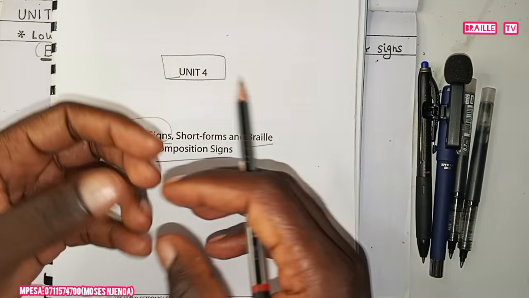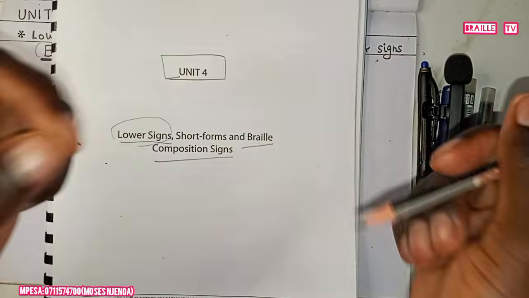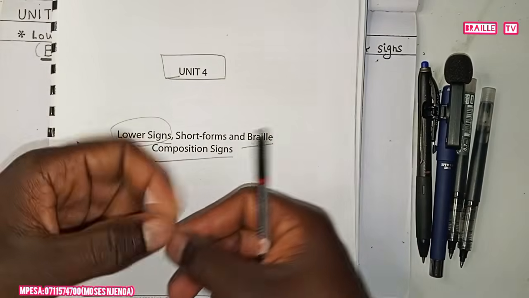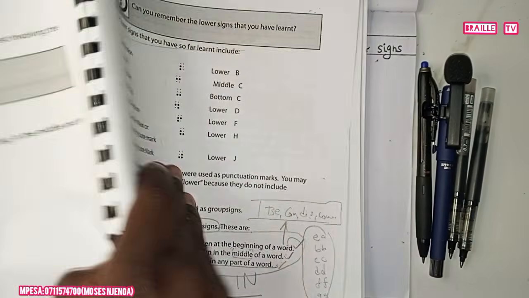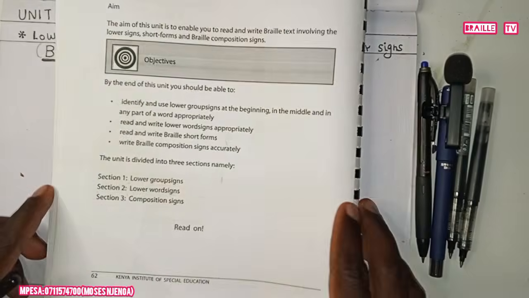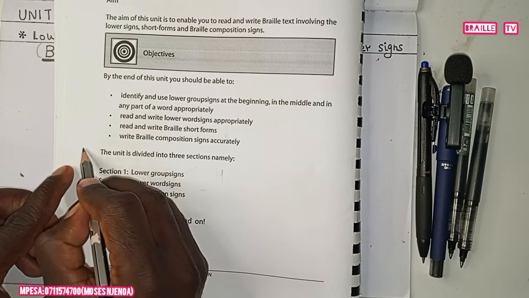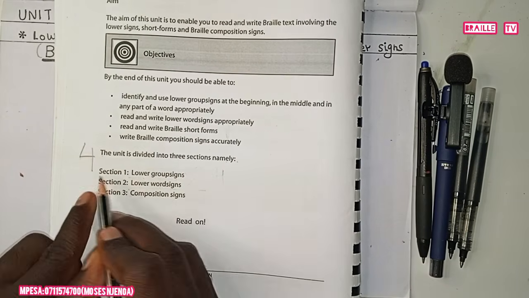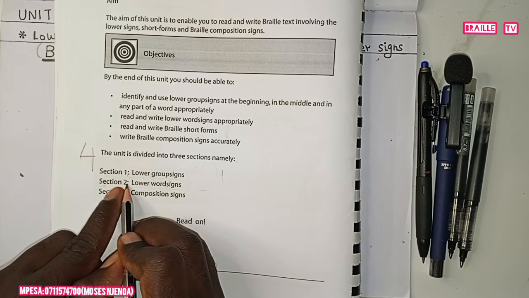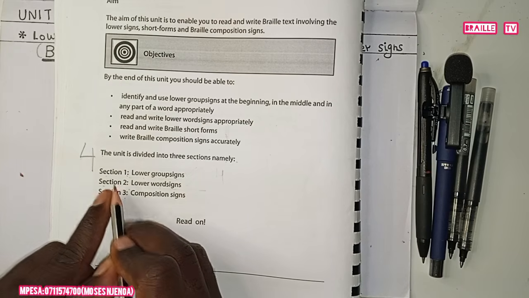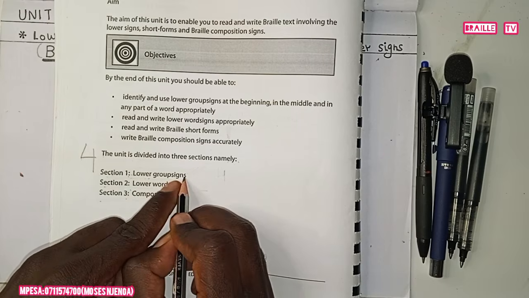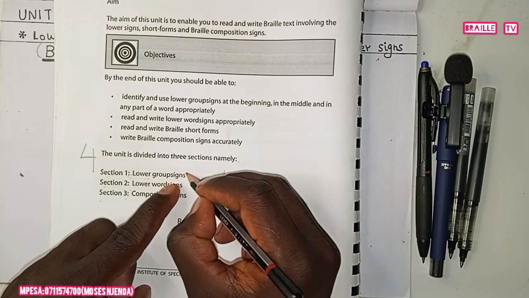So we have looked at lower group signs, and now in this lesson we are looking at lower word signs. This is unit 4, and the unit is divided into 3 sections: section 1, section 2, section 3. In section 1 we looked at lower group signs, and we are over.